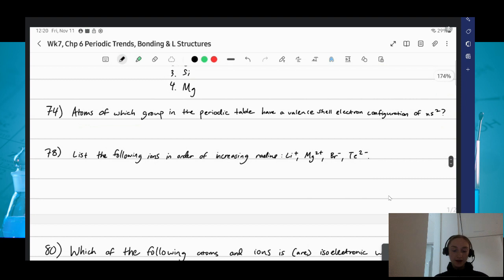It has a question of atoms of which group in the periodic table have a valence shell electron configuration of ns2. Okay, so the configuration is only ns2, and we know that the s2 category on the periodic table is going to be the second column, and that is going to be the alkaline earth metals.